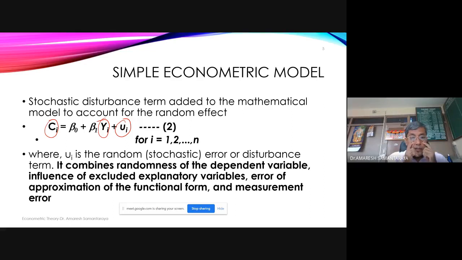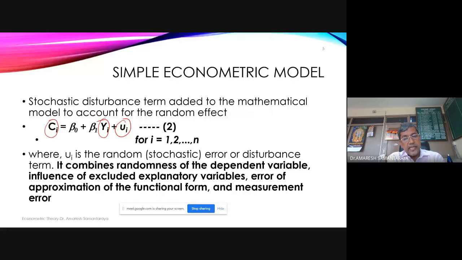Similarly, there could be some error or approximation in the functional form. For example, this relation we are expressing in a linear form, right? The exponent of beta 0, beta 1, yi, everything is 1, so it is a linear equation. It may happen that the actual economic relation should be explained as an exponential function, rectangular hyperbola or logarithmic function.